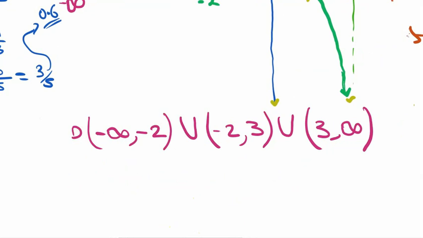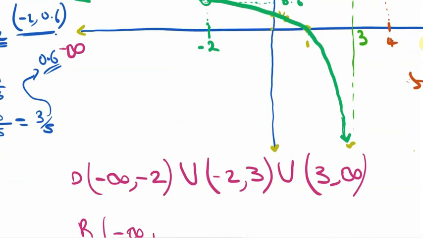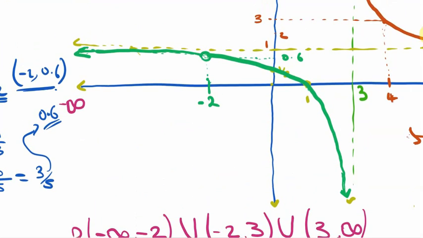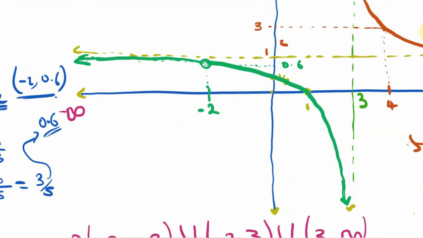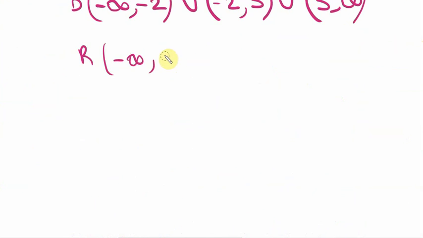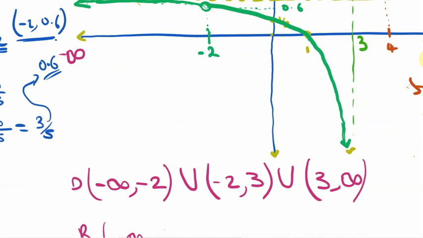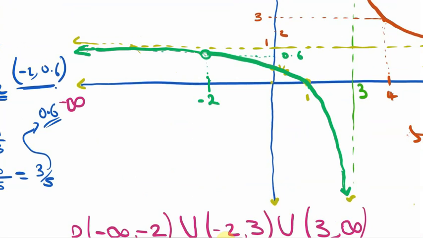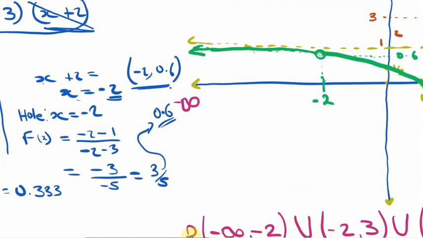So what about the range? How would the range look? Range would be from minus infinity all the way, look at the graph, all the way, well, 0.6, which is 3 over 5.